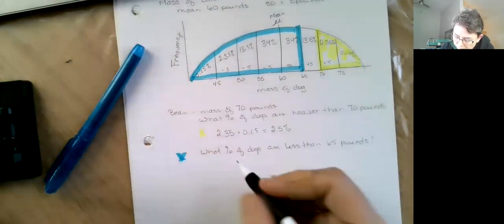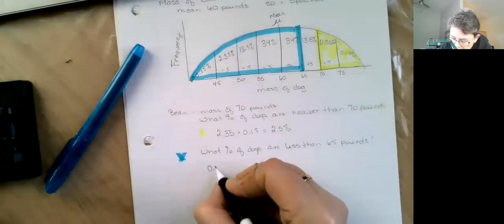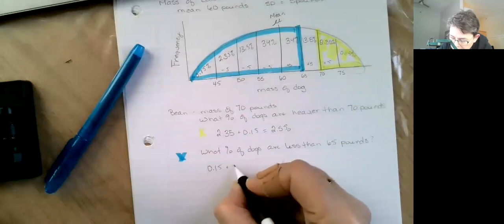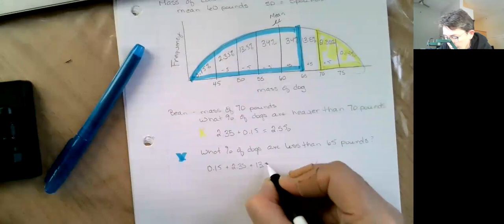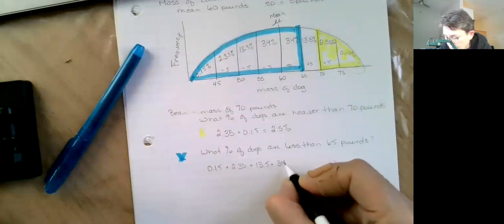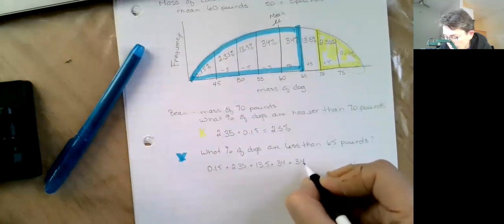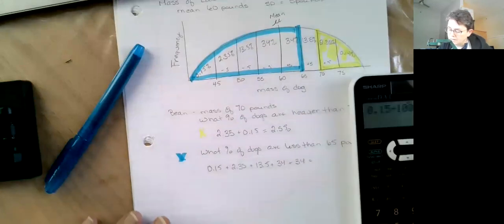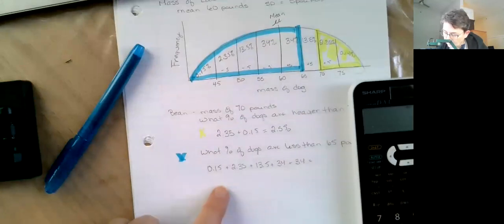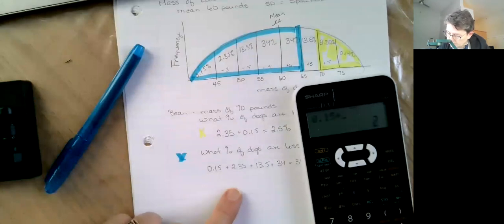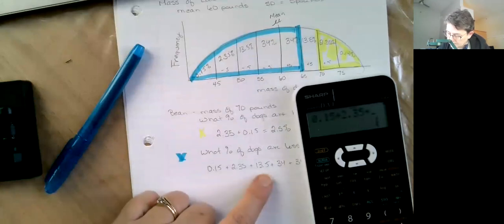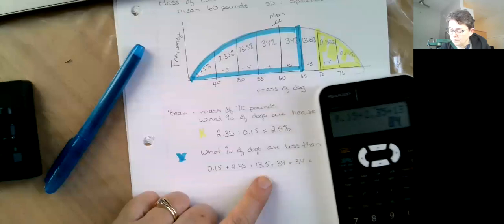So here we go, just add it up. 0.15 plus 2.35 plus 13.5 plus 34 plus 34, and that should be 84%.